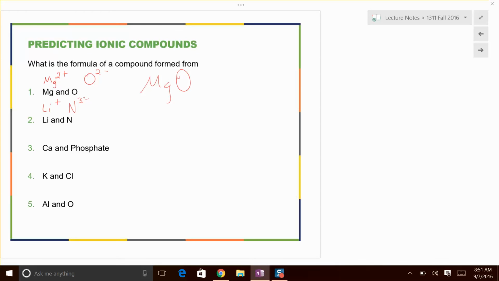Nitrogen has 5 valence electrons. We want 8, so I need 3 more electrons. What is the combination here? How many lithiums do I need to balance the 3 negative charge on the nitrogen? Li3N is the compound formula.